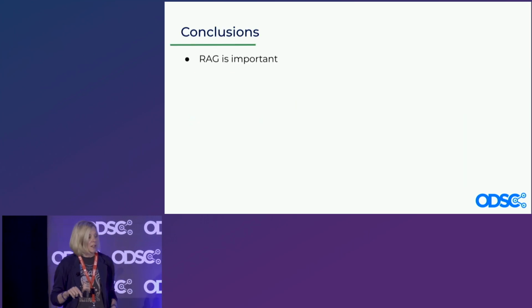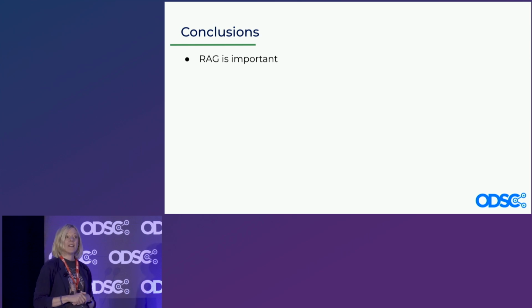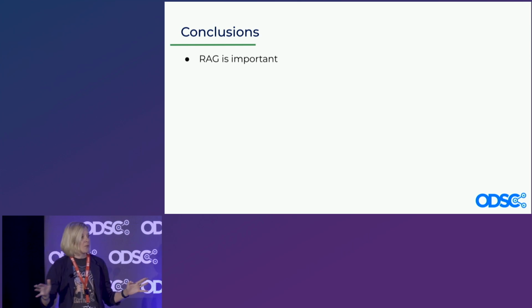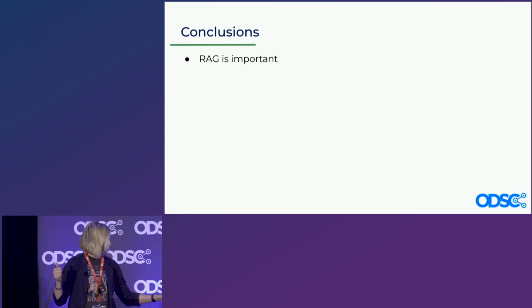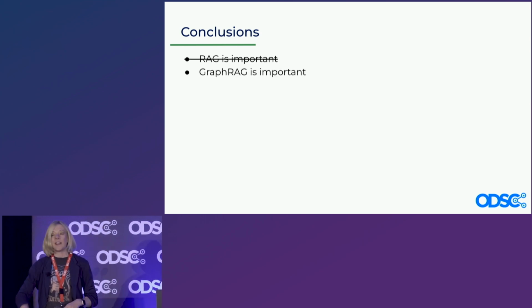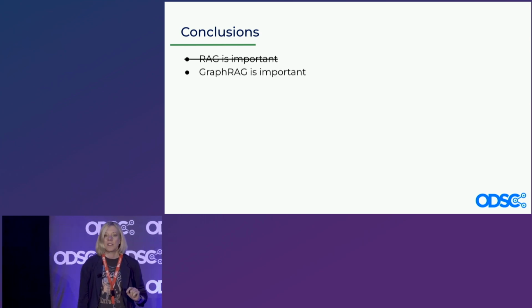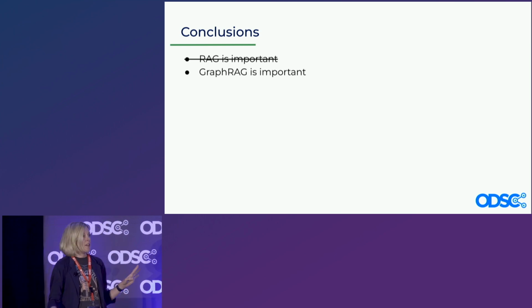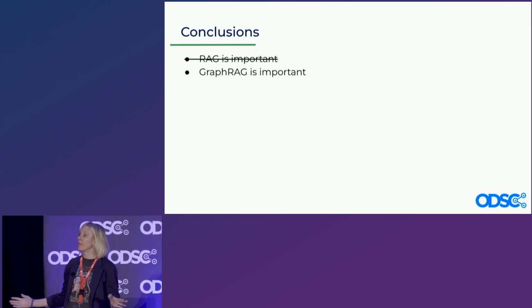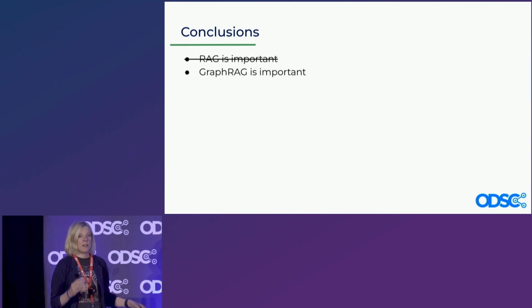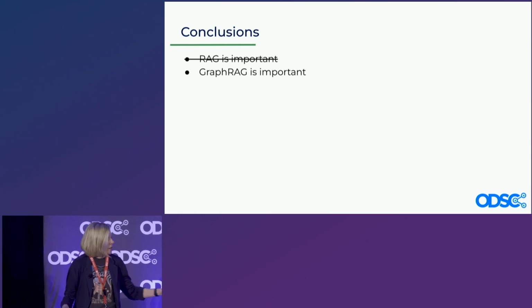So, hopefully, at the end of this talk, you have seen that, first off, RAG is important. I know that's a tremendous surprise. Secondly, graph RAG is important. For those who are interested, I have a course coming out on graph RAG later this summer with LinkedIn Learning, so stay tuned on my LinkedIn page for that one.